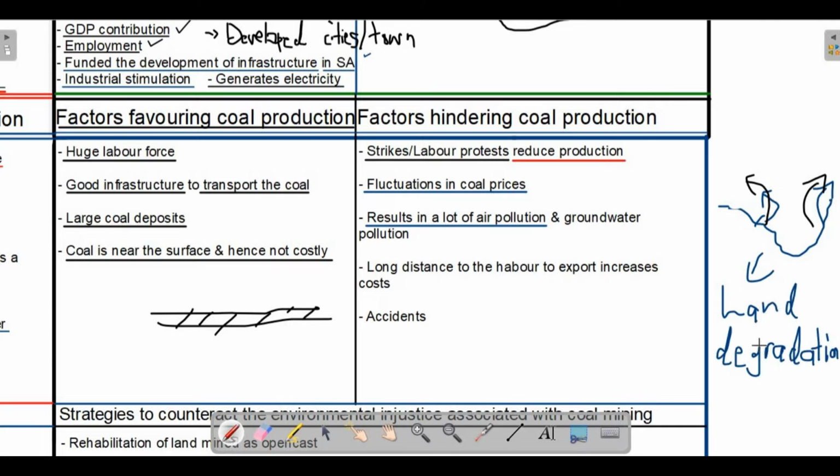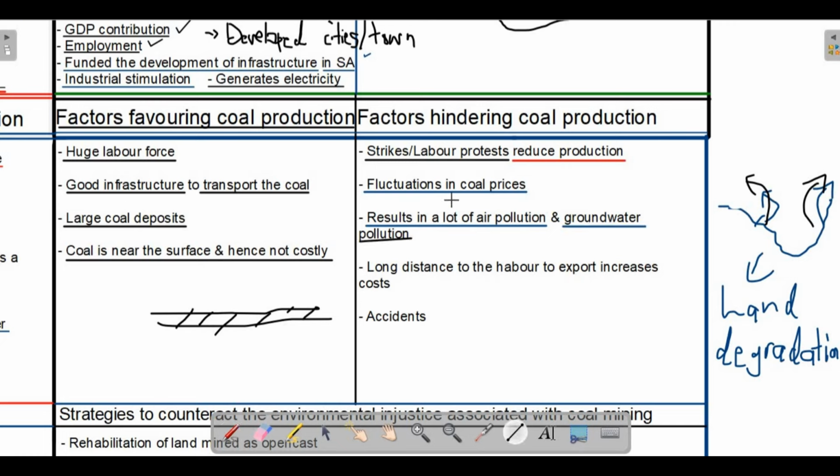Really destroys the land, the natural environment, and remember, that is a habitat, and so you have plant species that are going to be destroyed, because the habitat is destroyed. They are going to chase a lot of animals and plants out, and so that is not good for the environment. That is environmental injustice.